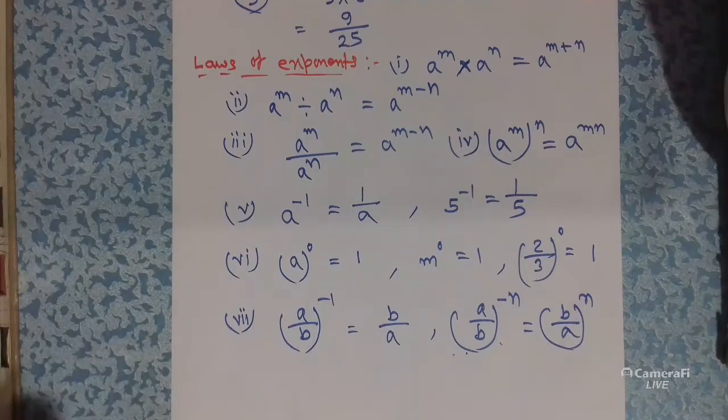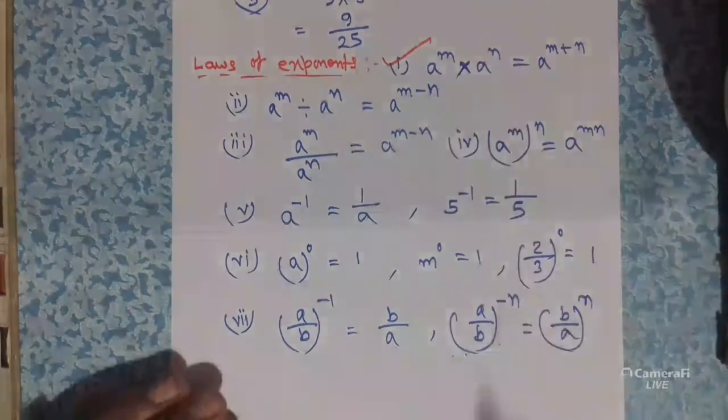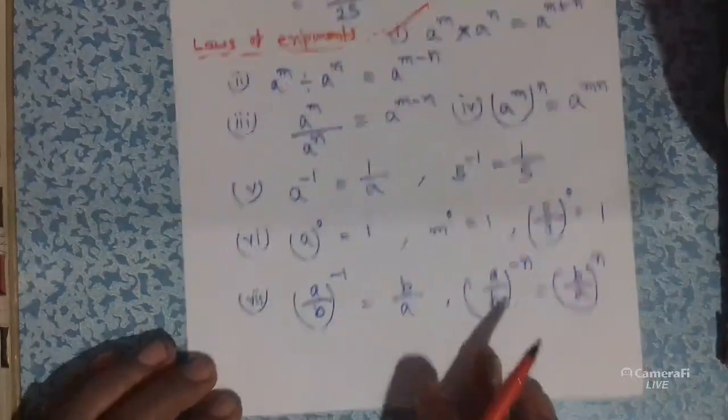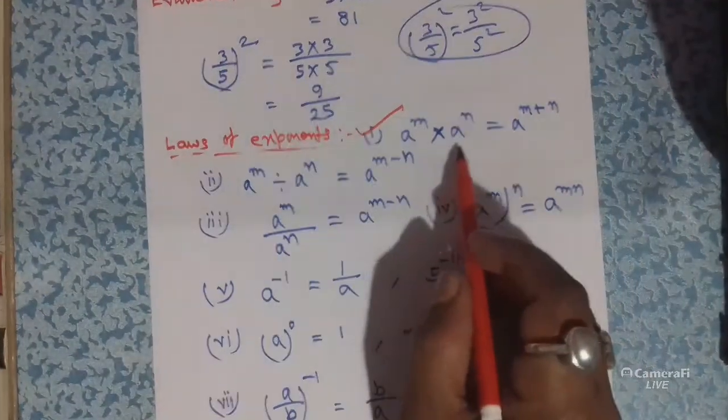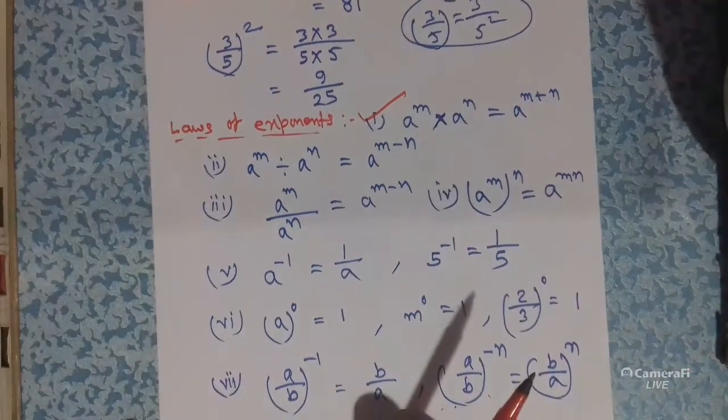At first I am going to discuss this law: a to the power m multiplied by a to the power n is equal to a to the power m plus n.